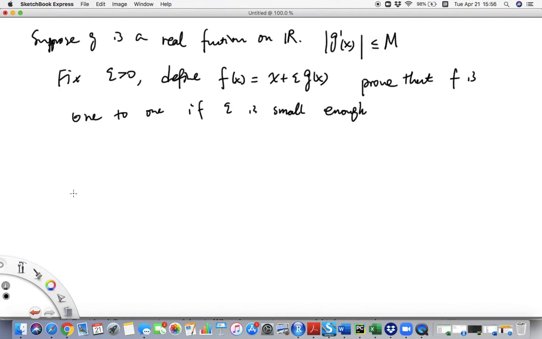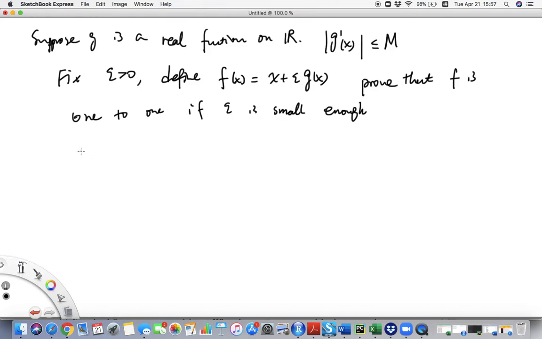As in the previous problem, we showed that if the derivative of f is always positive, then f is monotone increasing, and a monotone increasing function is 1 to 1. So we just have to find an epsilon to make sure that the derivative of f is always positive. How do we choose that epsilon?